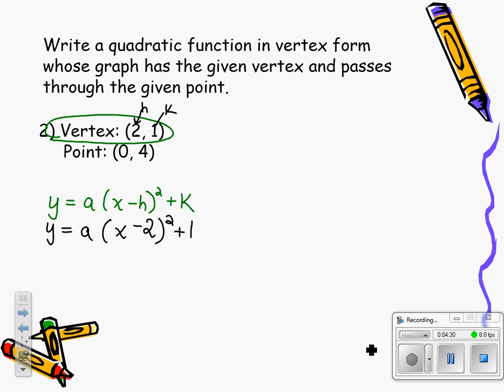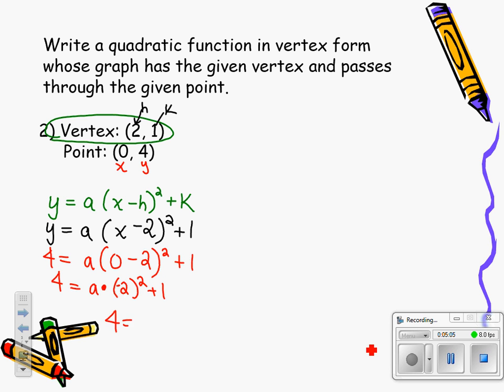All right, now we're going to plug in that random point. That random point is our x and y. When we have our x and y, we go ahead and plug in whatever we have for each. So 4 equals a, and 0 is our x. Then we're going to do order of operations. 4 equals a times (0 plus 2) squared, plus 1. 2 squared is 4.